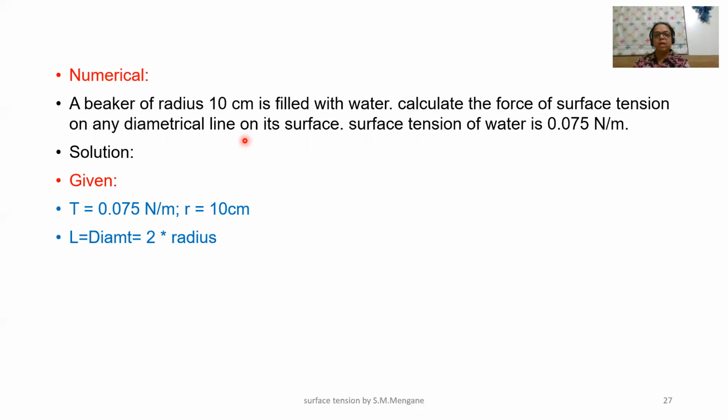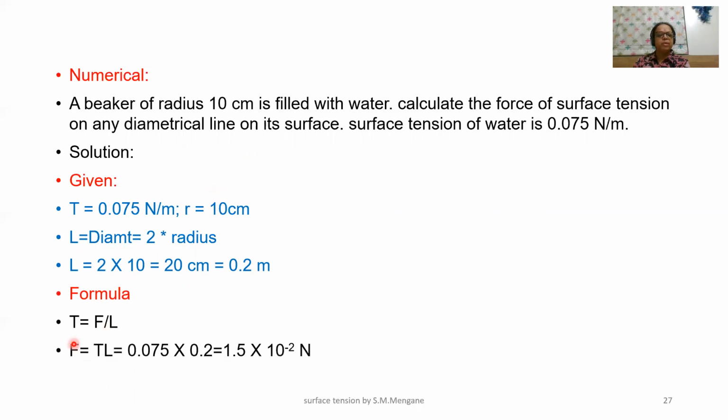It means the length of the line, the hypothetical line, is equal to the diameter. L is equal to diameter, and radius is given, and hence we will convert this diameter in terms of radius, that is 2 into radius. L is equal to 2 into 10, that is 20 centimeter, and in meter it is 0.2.